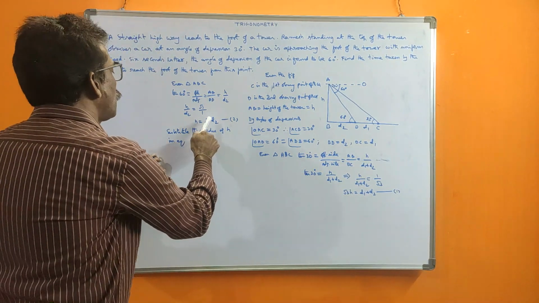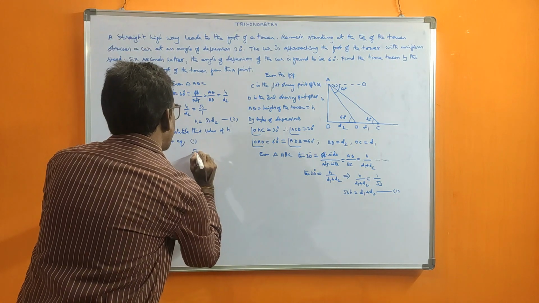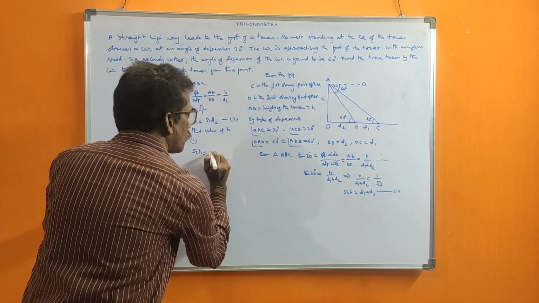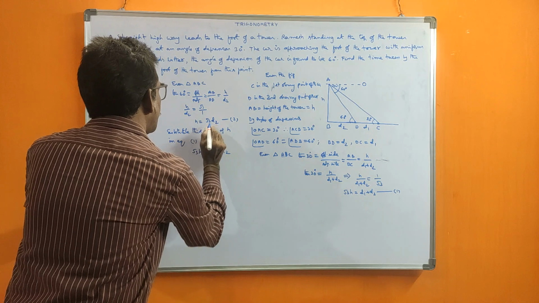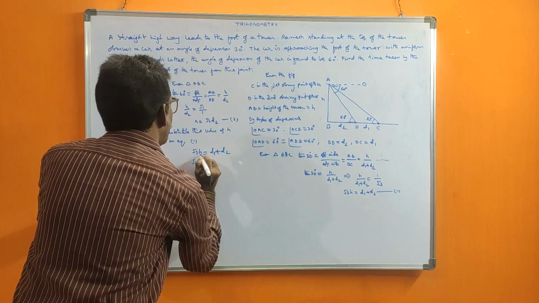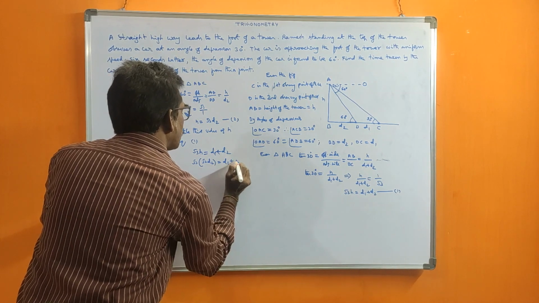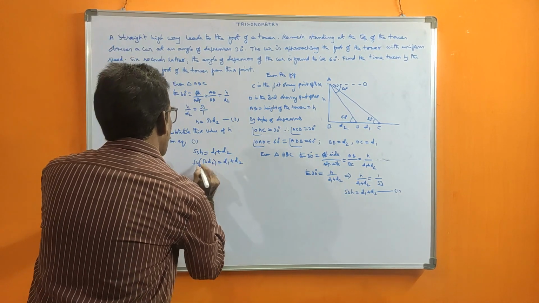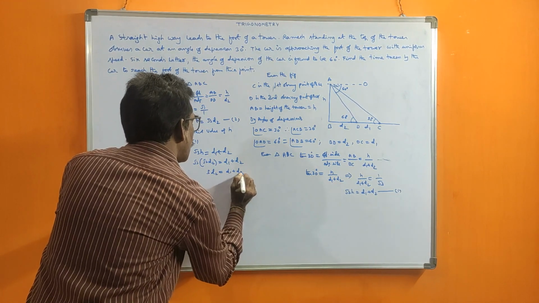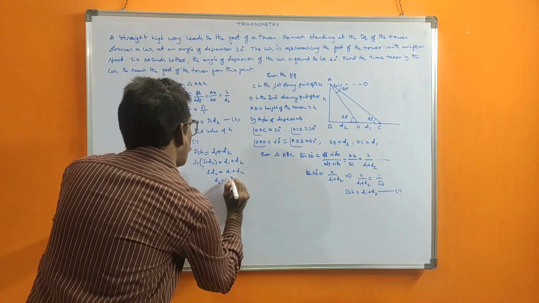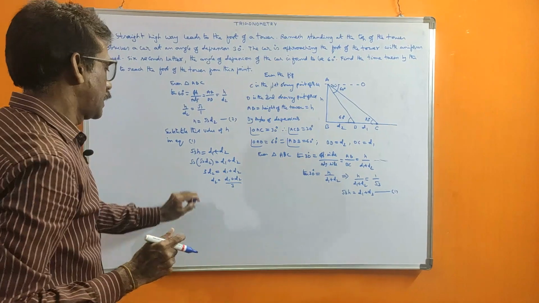The first equation is root 3 H is equal to D1 plus D2. Instead of H we write root 3 D2, so root 3 into root 3 D2 is equal to D1 plus D2. Root 3 into root 3 is 3, so 3 D2 is equal to D1 plus D2.